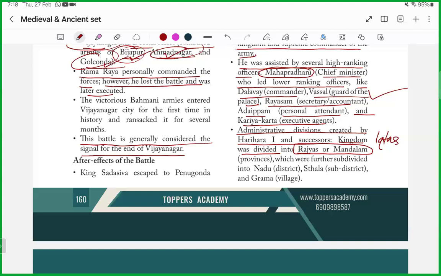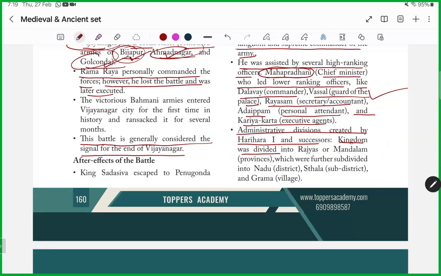Muqaddam or Chaudhuri. Then, what is the name of the block during the Delhi Sultanate period? Pargana, very good. And how many parganas make a district? Six. So these are small but important things.